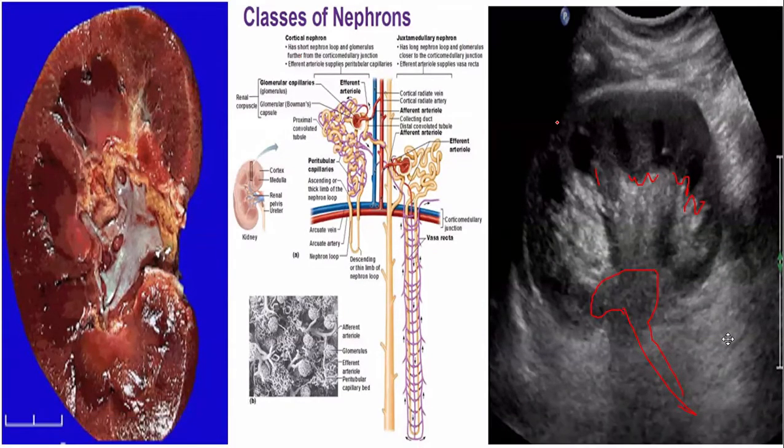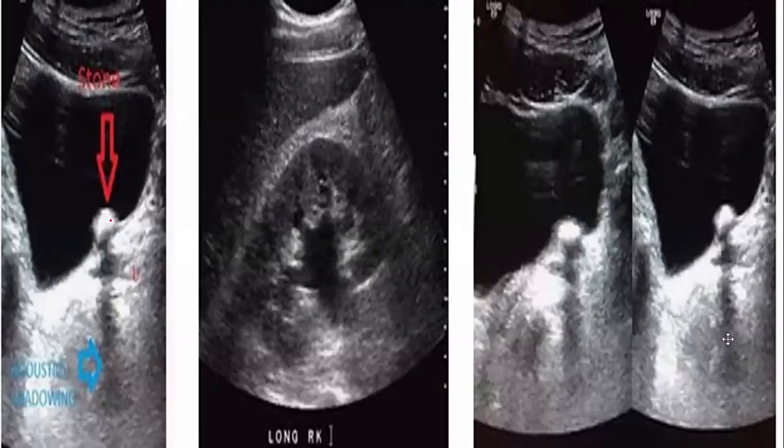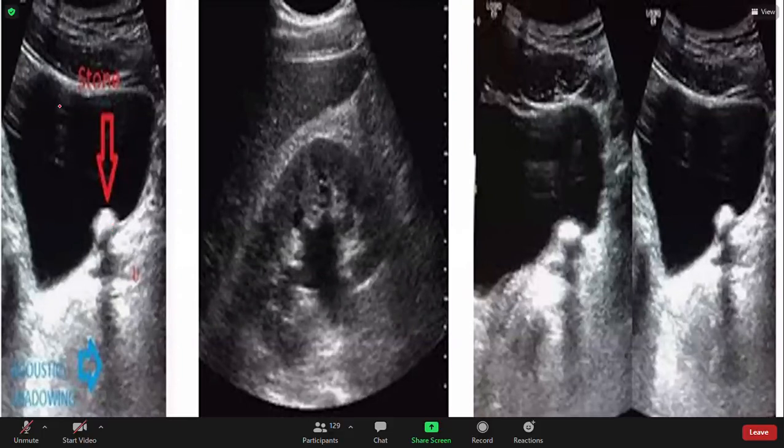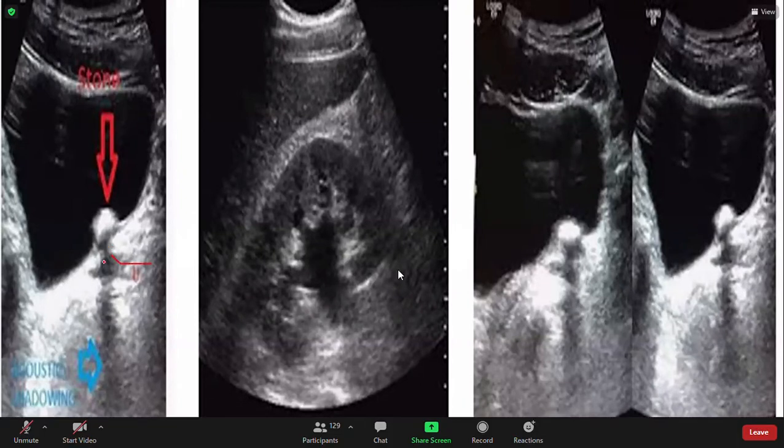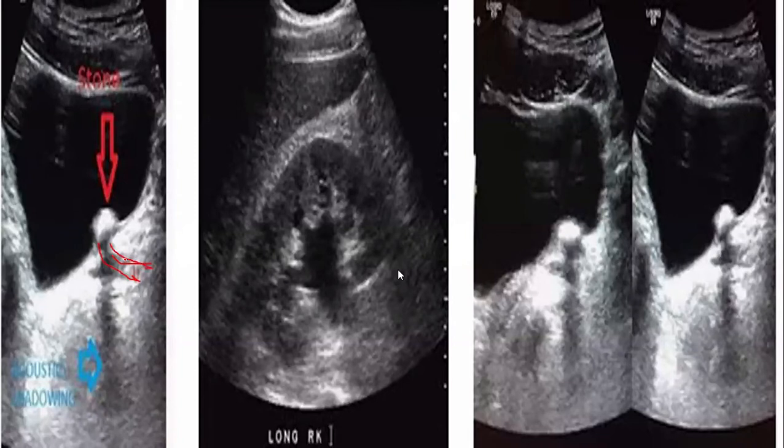So, we go. This one, doctor. This is the urinary bladder, Dr. Joseph. This is supposed to be the area of the ureter here. So where do you think is the one that is being blocked? The ureterovesical junction. This is a ureterovesical junction stone. It's very painful actually.